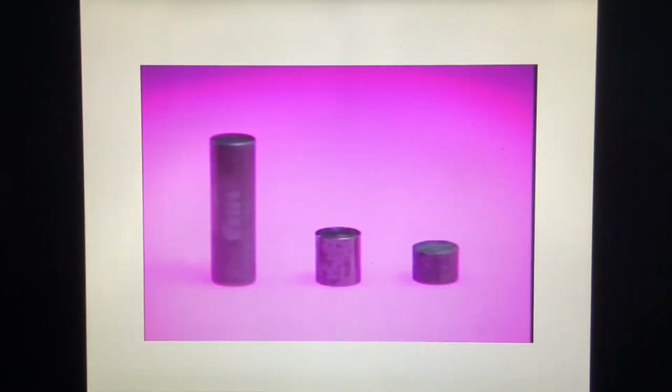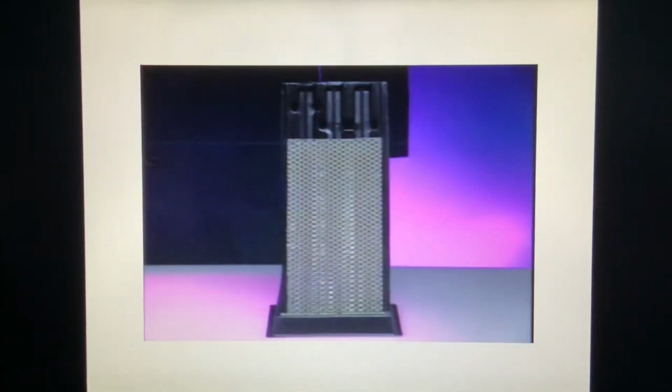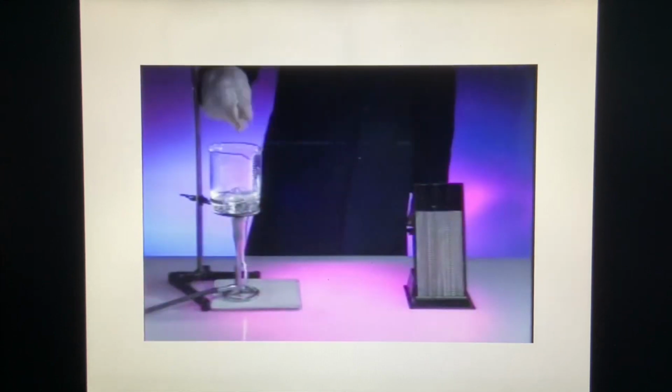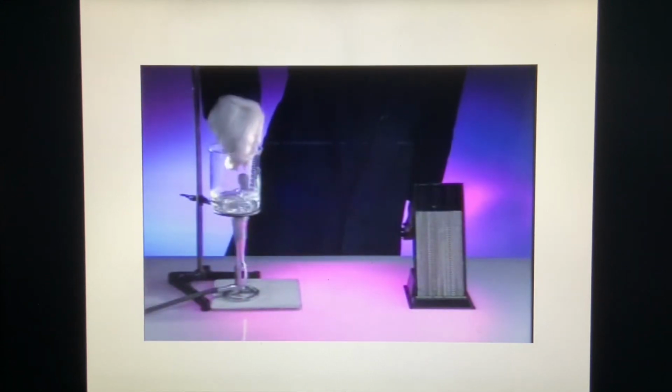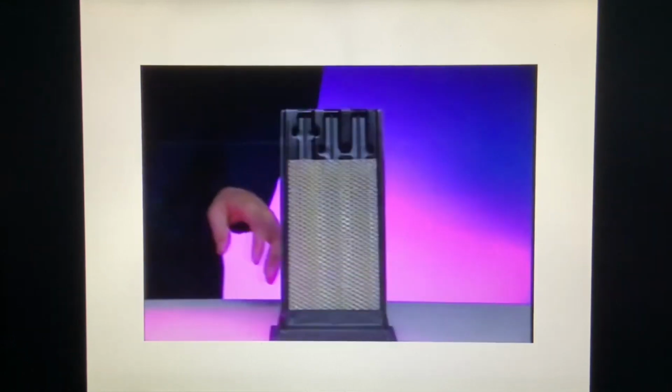We'll use these 3 metal cylinders to demonstrate how heat capacity varies for different materials. The cylinders, made of aluminum, steel, and lead, have equal mass. They are slotted to slide on small rails in this frame, which is covered with a thin sheet of beeswax. The rods are heated in boiling water to 100 degrees Celsius.